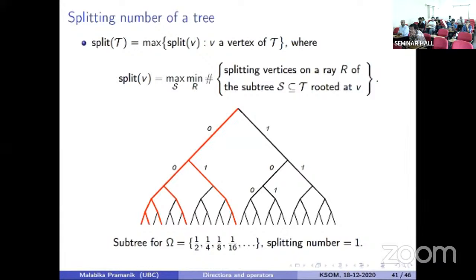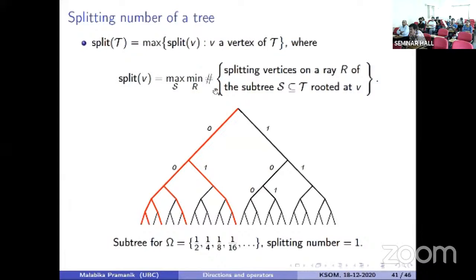Given a vertex V of the tree script T, you look at a subtree S of T and pick out the number of splitting vertices on every ray in S. Choose the number of splitting vertices that is smallest among all possible rays of S, and then choose the subtree for which this number is the largest.